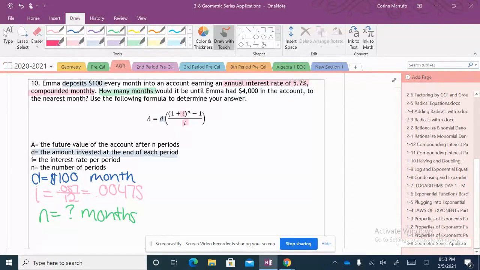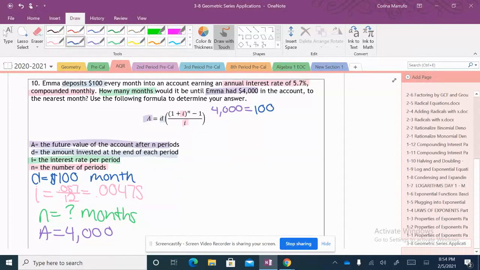Okay, and then it says, would it be until Emma had $4,000 in her account? So we're going to see how long it's going to take her to get $4,000 into the account. So A equals $4,000. Okay, so I'm going to go ahead and plug all that into my formula. I have A is 4,000 equals D is $100 per month.